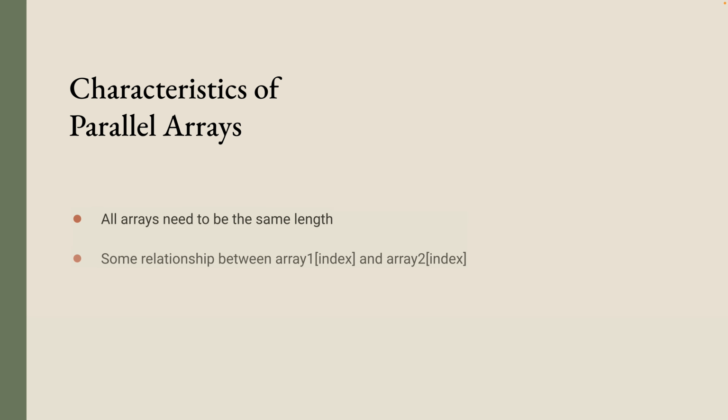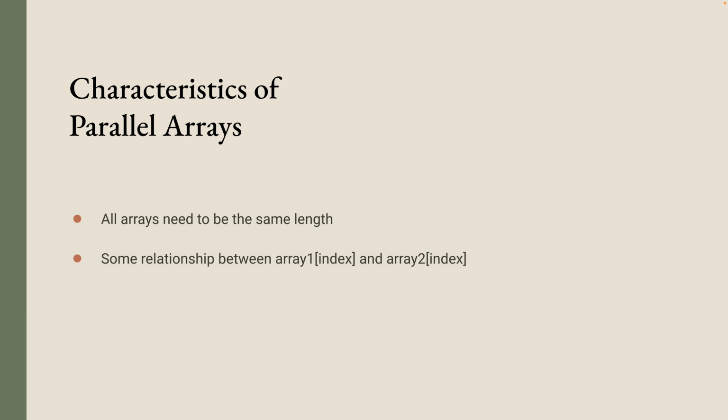So for example, if we had array 1 that looked like this, 8 and 3, and then we had another one that looked like this, 4, 2, 1. What would be the problem here? They don't have the same number. Yeah, the size. They need to be the same size if we're doing columns with parallel arrays. All arrays need to be the same length, and there has to be some relationship between the indexes.